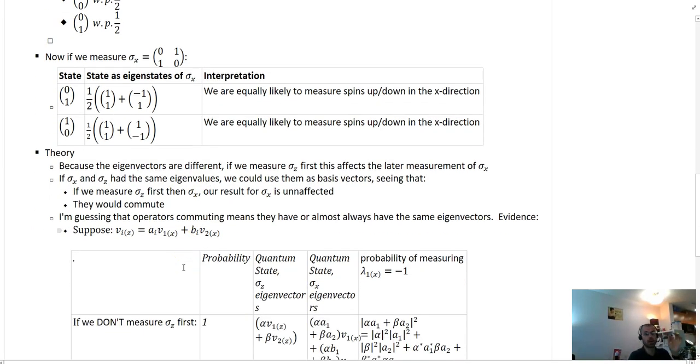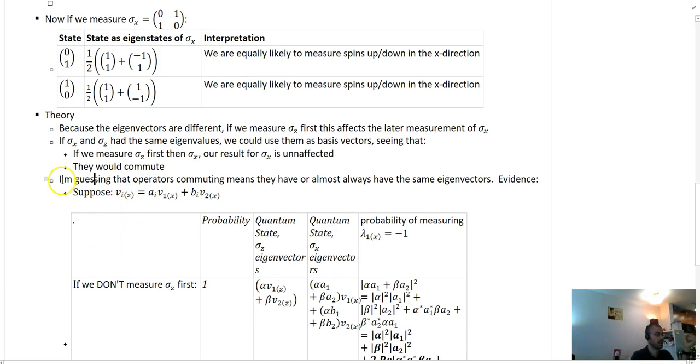So I want to look now in more depth at what happens when they don't commute. I'm guessing that when operators commute, they pretty much always have the same eigenvectors. It might always be that way, or pretty much always. I think the stars have to align in order for this not to happen. I'm not sure.